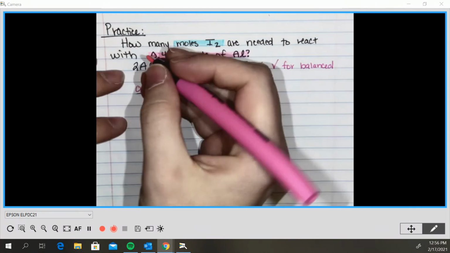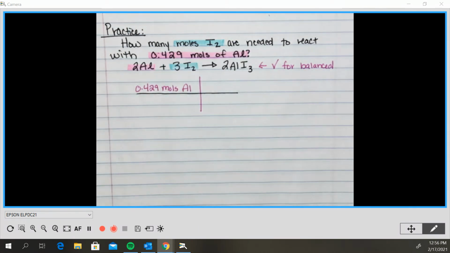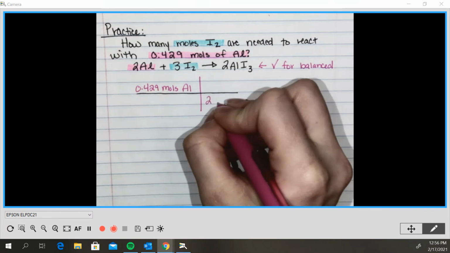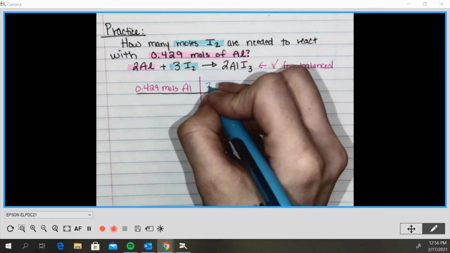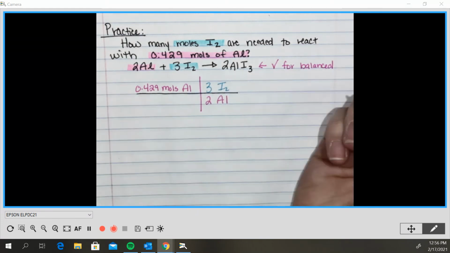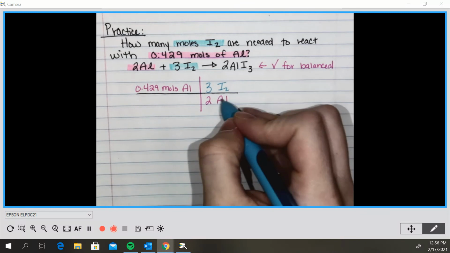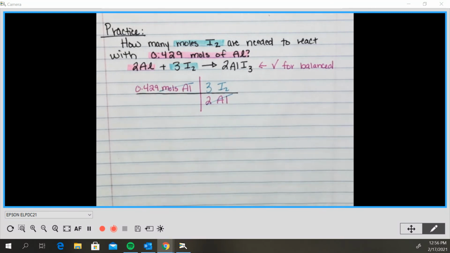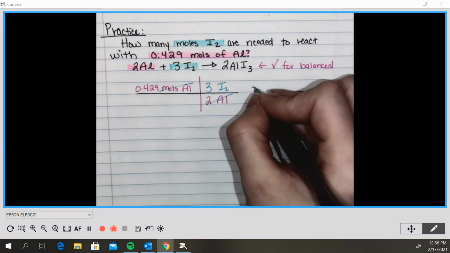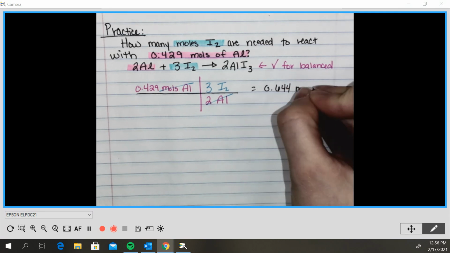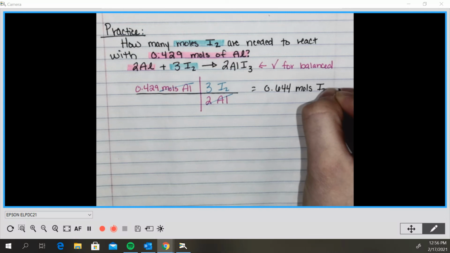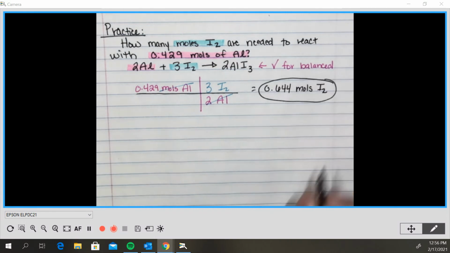Al, we've got right there. What you should have written down is 2 Al on the bottom and 3 moles of I2 on top. Your moles of aluminum cancel out, and you should have ended up with 0.644-ish moles of I2, or 0.64. Is that what we got?